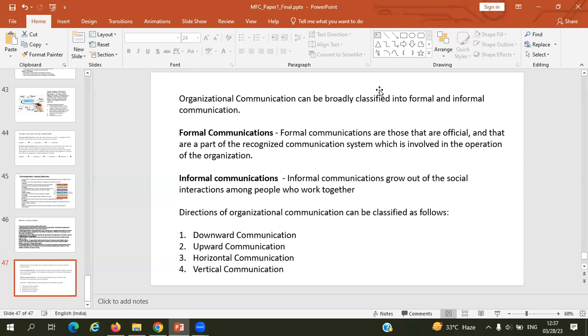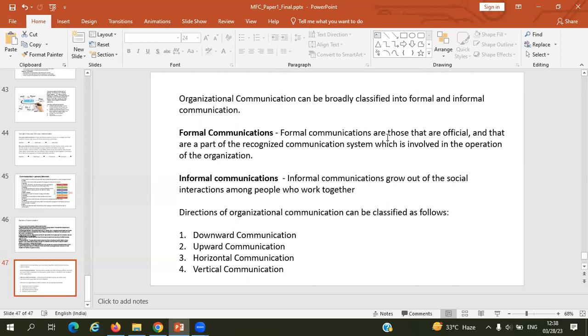If you are not free, you cannot inform or tell anything to your superior. If you are free, if you are allowed, if you have that freedom, then you can talk anything to your supervisor. That is upward communication. It depends how good you are, how free you are with the top management.